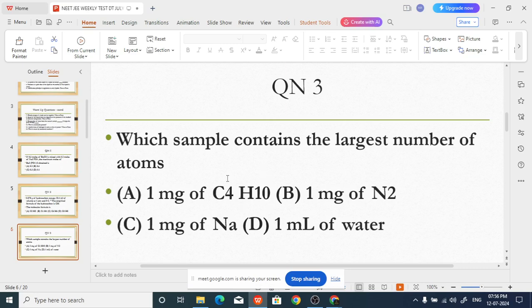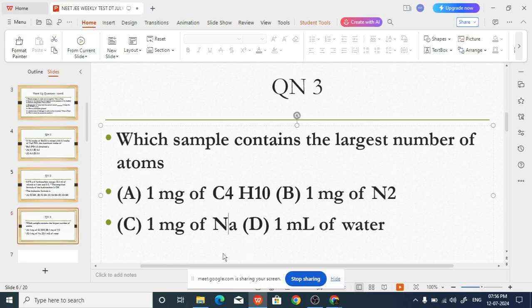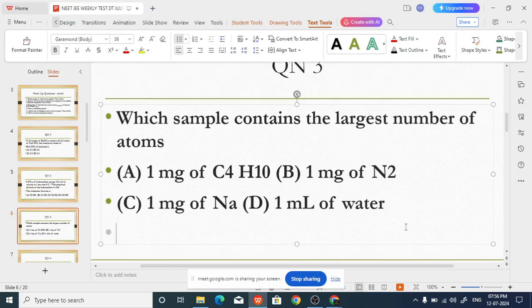So this is 12 into 4, 48, 58. 58 gram, option A. And here N2 is 28 or 14, I'm not very sure. N2 is 28, I think. 28 gram. Then sodium is 23 gram.